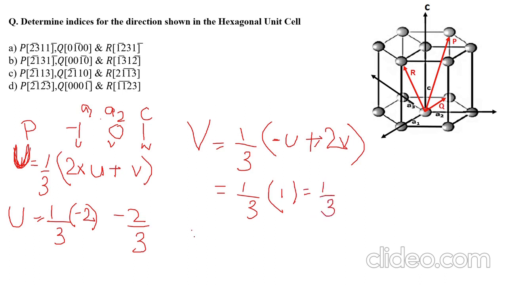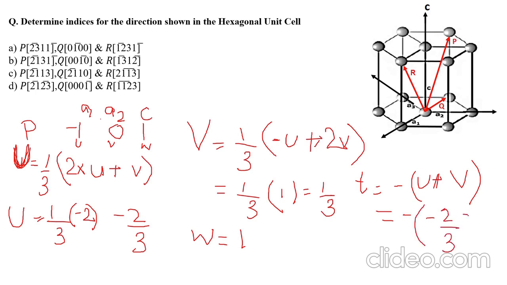And for this W we will have 1, and we have to see also T. So the T is given by minus of capital U plus capital V. So that is equal to minus of minus 2 by 3 plus 1 by 3, and it is equal to 1 by 3.